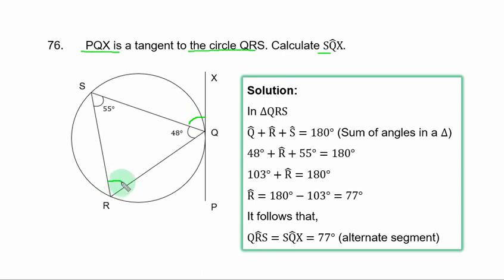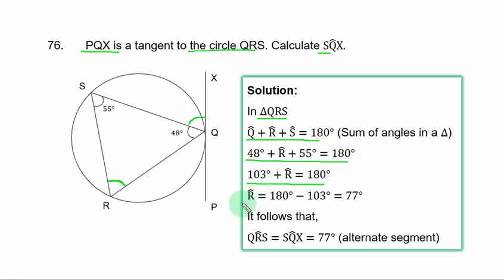So we need this angle first, and that is by considering triangle QRS. If you add the 3 angles in that triangle, the sum is equal to 180 degrees. You replace angle Q and S with what they stand for, you have this result. After simplification, you have this result.